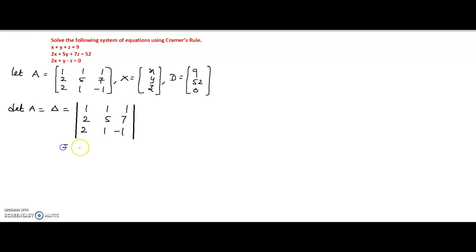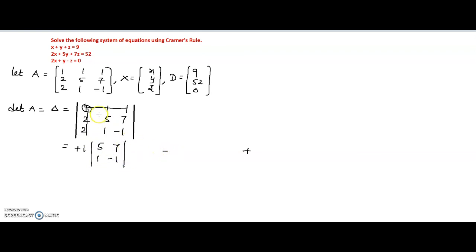So let's find the first element. Remember, the signs will be plus, minus, plus. So the first element is 1 here. You need to write 1, leave out the row and column where 1 is present. The remaining 4 elements in the form of a determinant: 5, 7, 1, minus 1.